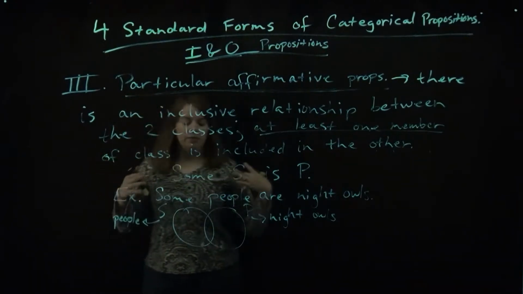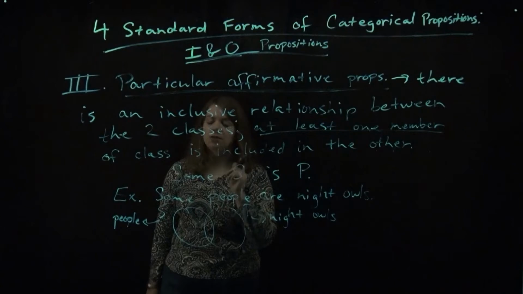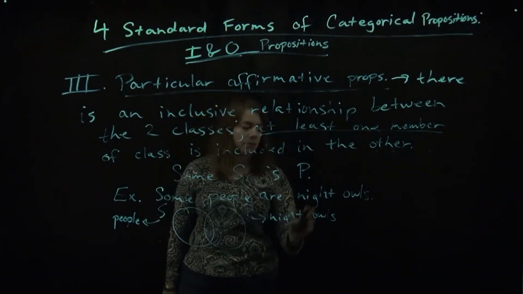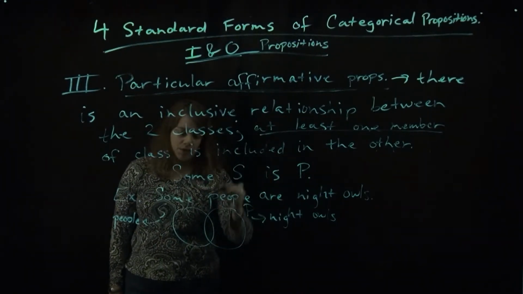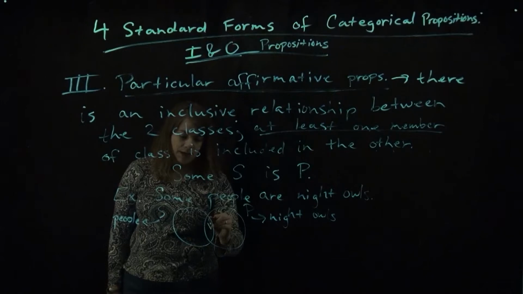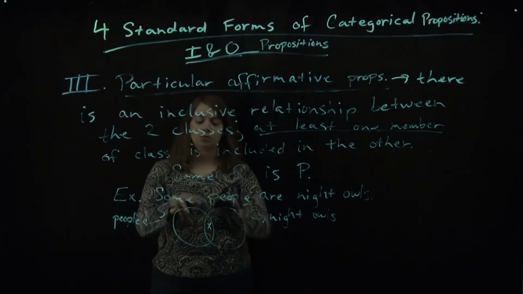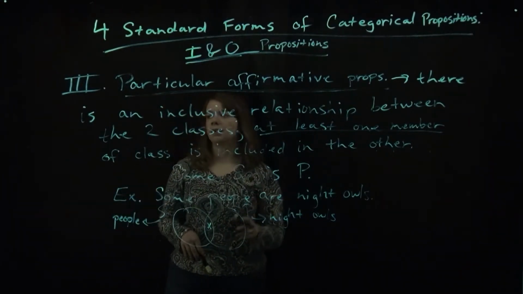Now, visually, what this is saying is that there is at least one member of the class of people who is a member of the class of night owls. So we symbolize this, as your book will show you, by just putting a single X in the space that overlaps between the two circles. Right? And that's basically how you would symbolize these.